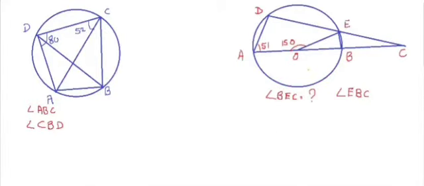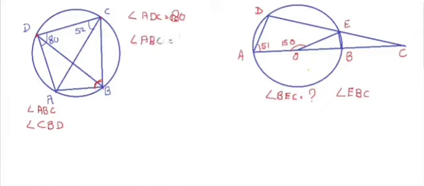In this question it is given that angle ADC is 80. Now ABCD is a cyclic quadrilateral. We can see that all the vertices lie on the circle. So from here we can calculate this angle.